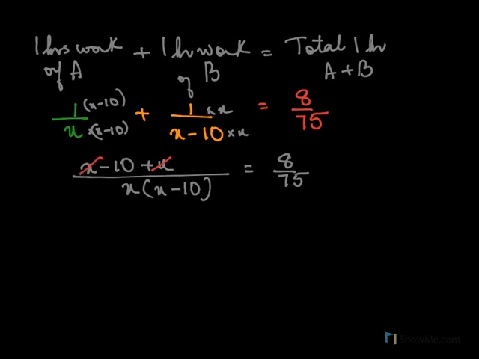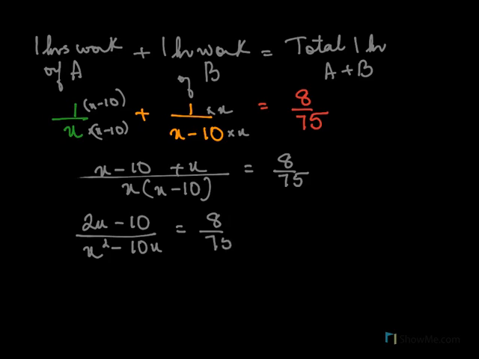Now this you strike out on either sides, plus and minus. That's wrong, there's no plus and minus here, both are plus. So I will have here 2x minus 10 over x square minus 10x equal to 8 over 75. Cross multiply: 2x minus 10 into 75 equal to 8 into x square minus 10x.